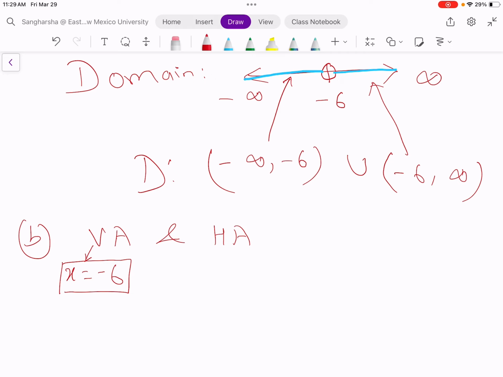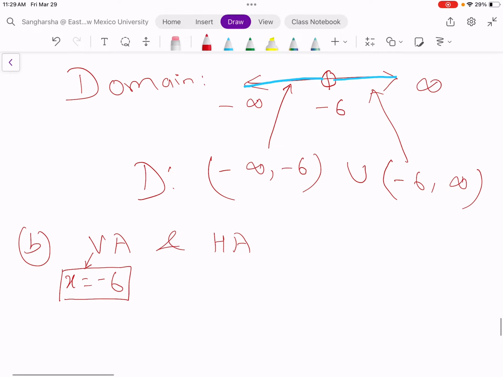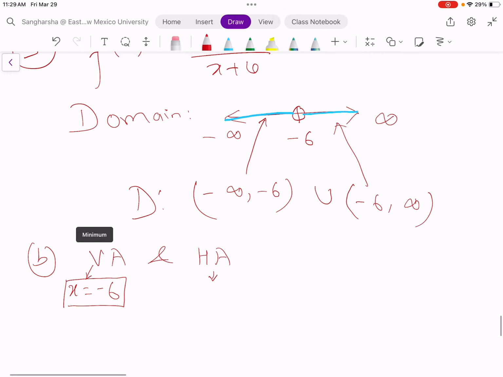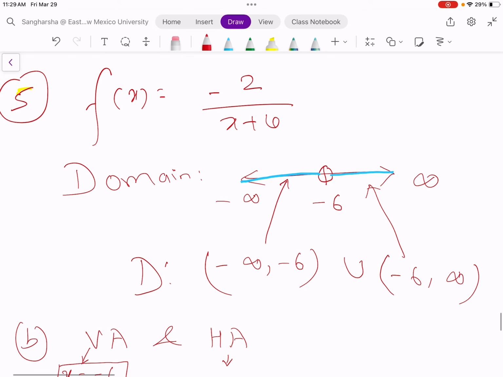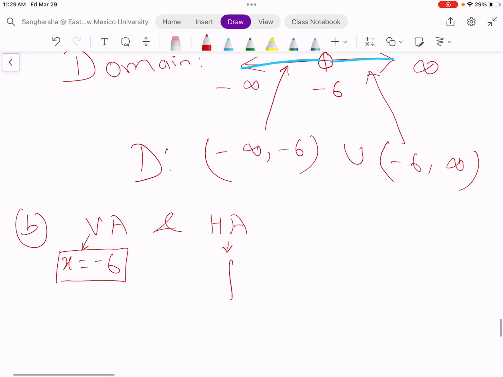Now what about the horizontal asymptote? How do we find the horizontal asymptote? We need to know the degree of the numerator and the degree of the denominator. So let me write the function one more time: -2/x plus 6.